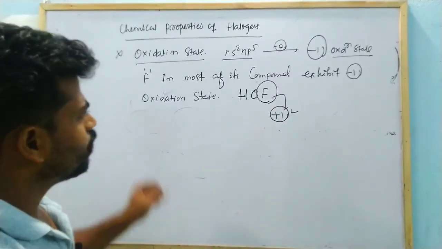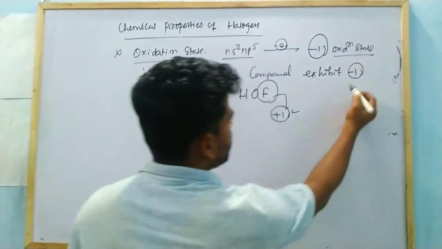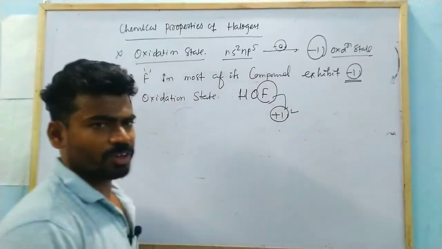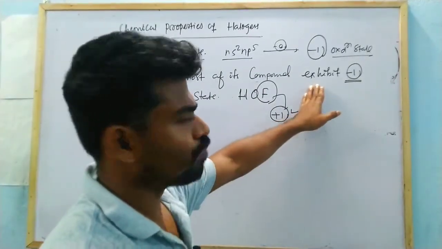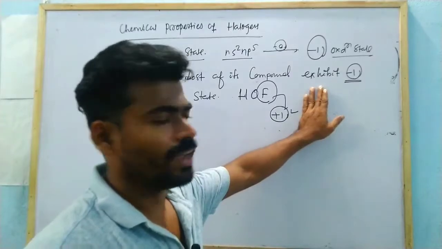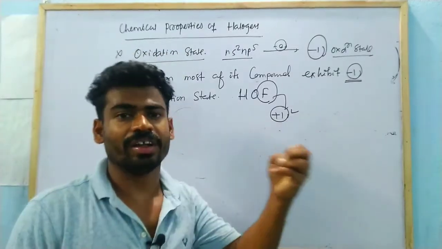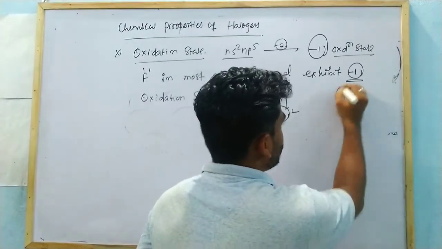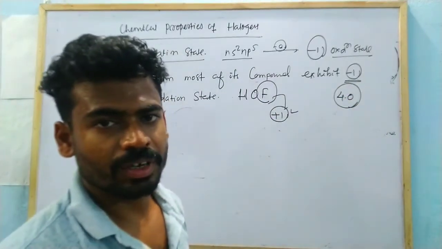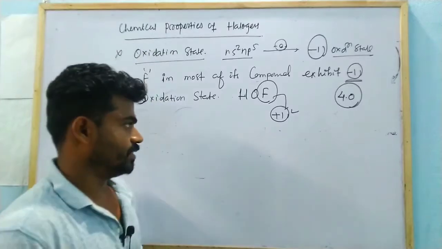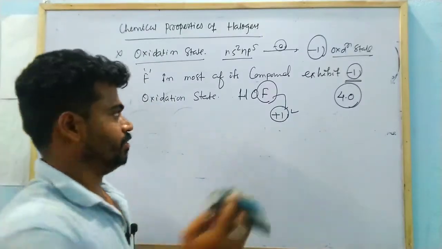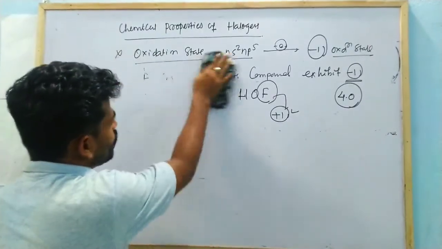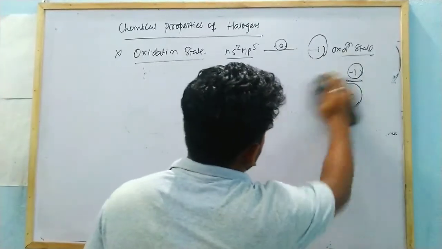Otherwise, fluorine mostly exhibits -1 oxidation state, because removal of one electron from fluorine is very difficult, since it is the most electronegative element in the periodic table, with electronegativity 4.0. Clear?